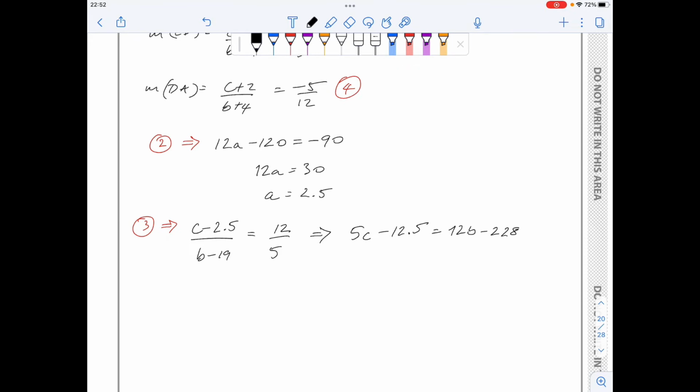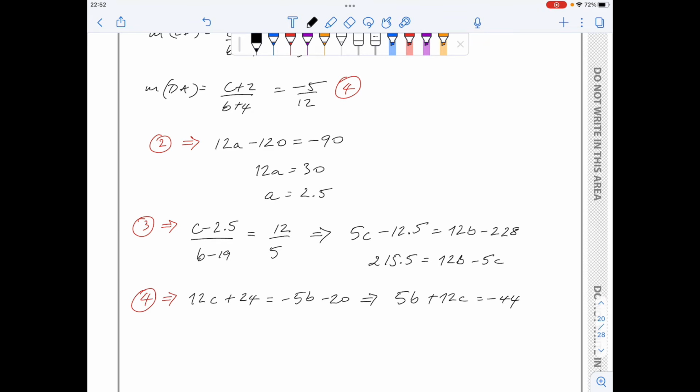And if I rearrange, I get 215.5 equals 12B minus 5C. Then from equation 4, I get 12C plus 24 equals minus 5b minus 20. If I rearrange this one, I will get 5b plus 12c equals minus 44.